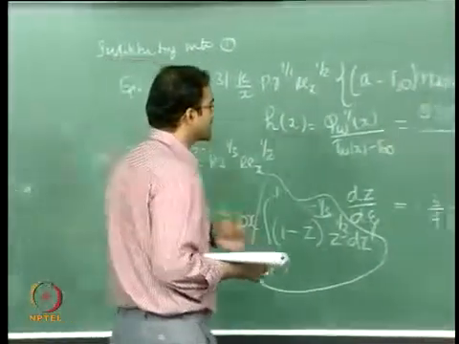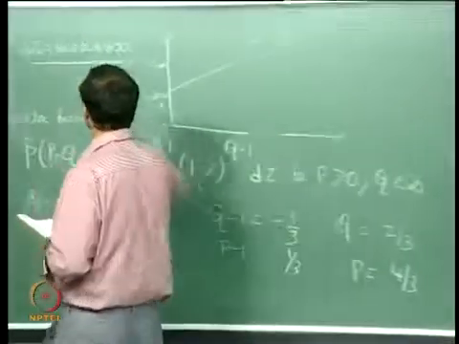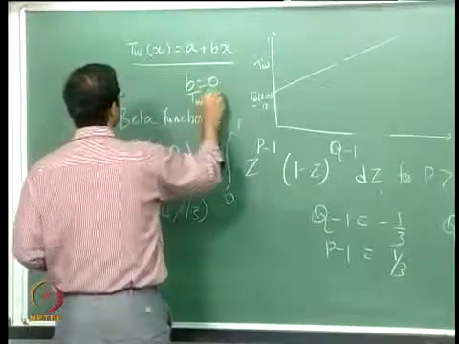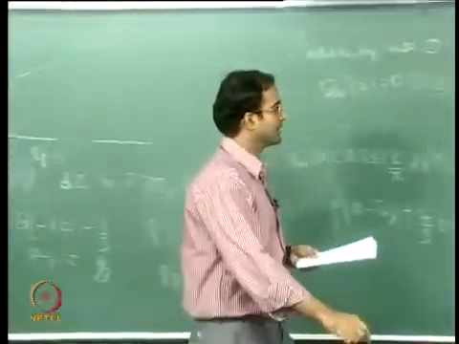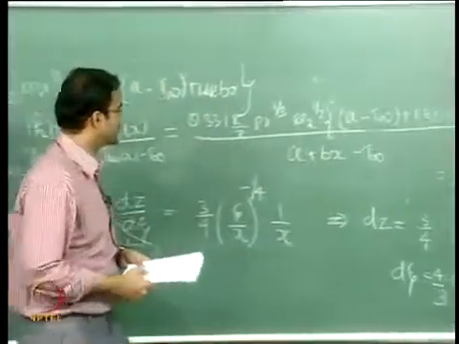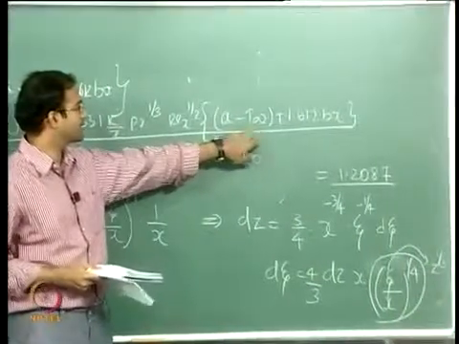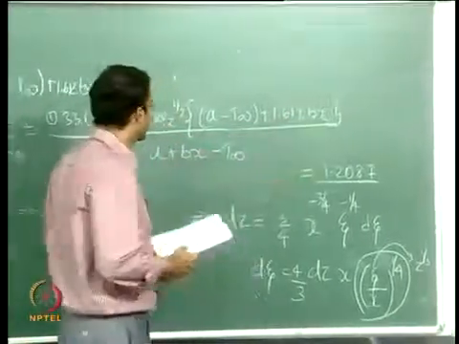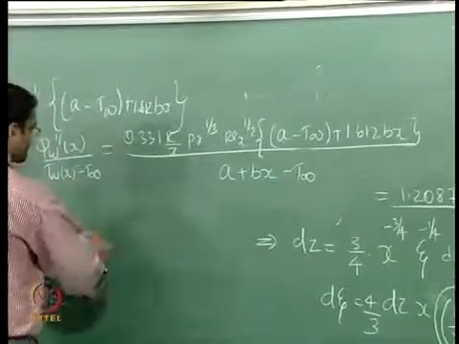for the limiting case where B equal to 0, B equal to 0 gives me a uniform wall temperature. So for that case how does it reduce? This becomes A minus T infinity here, the denominator cancels with A minus T infinity here, B is anyway 0. So then what will be the expression?